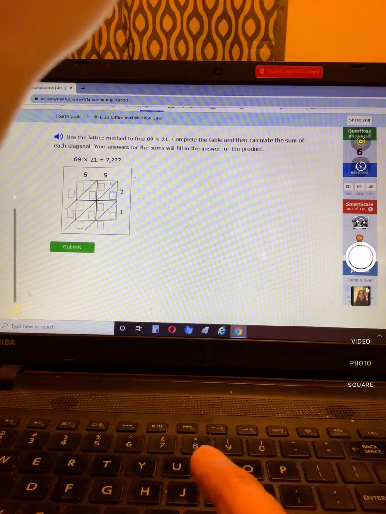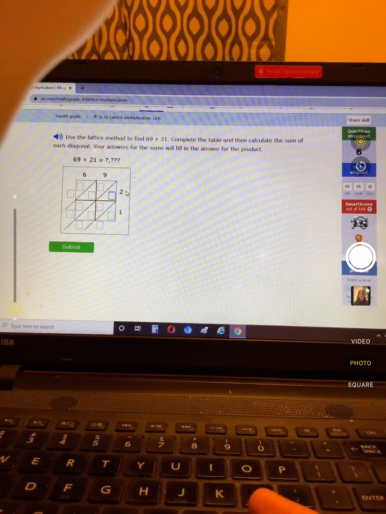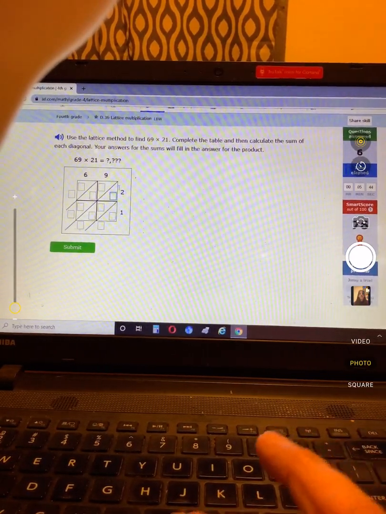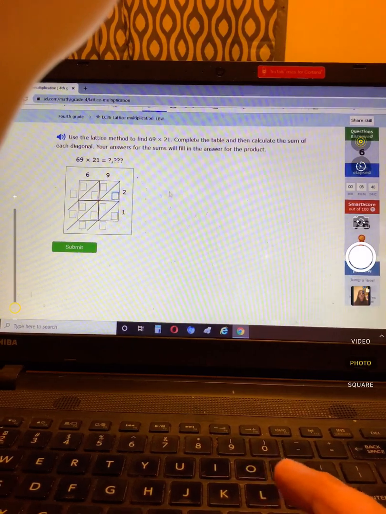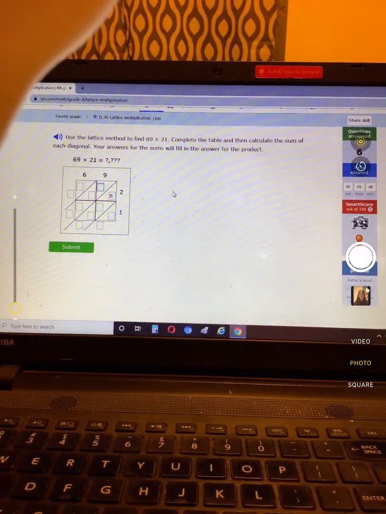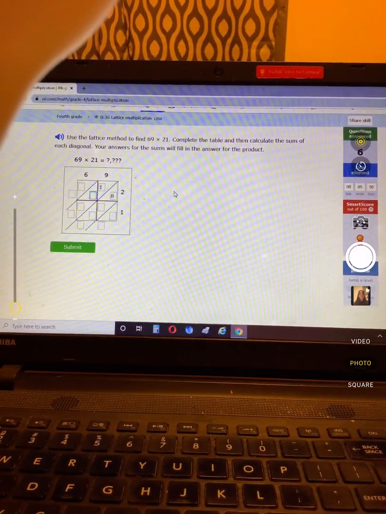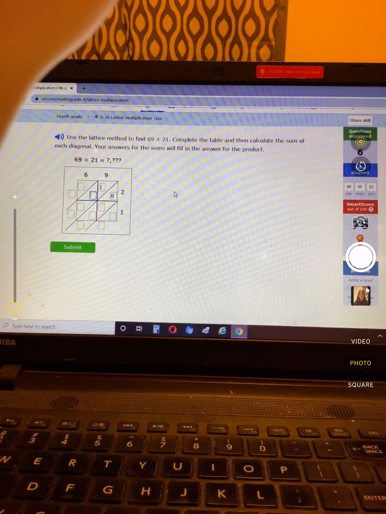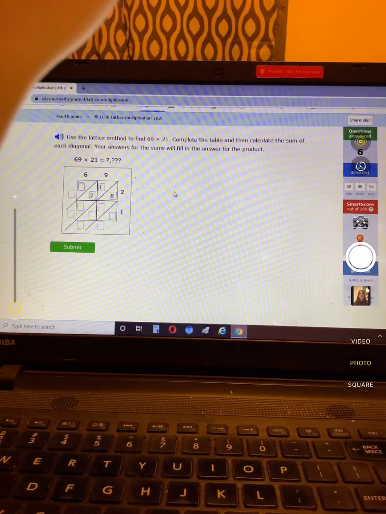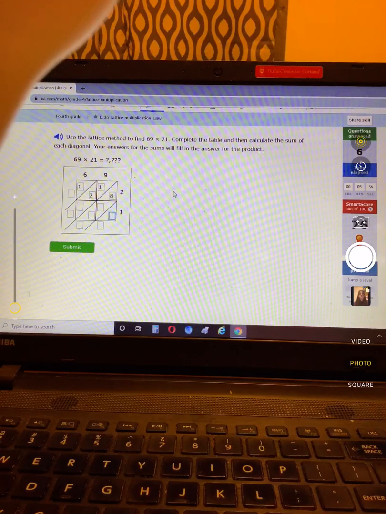Up here we have to do the multiplying. So 2 times, and you have to be careful, okay? 2 times 9 is 18. I put the 8 there and the 1 up there, okay? 2 times 6 is 12. We put the 2 there and the 1 up there.